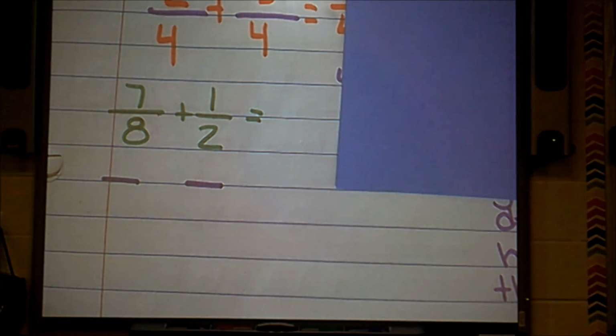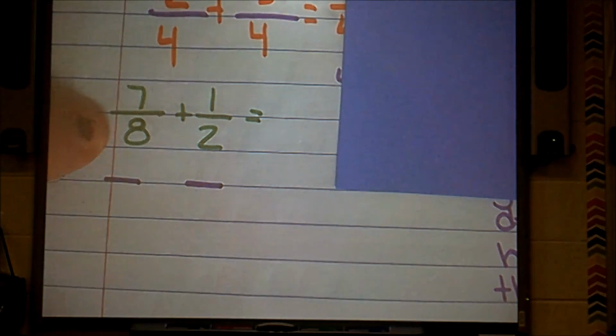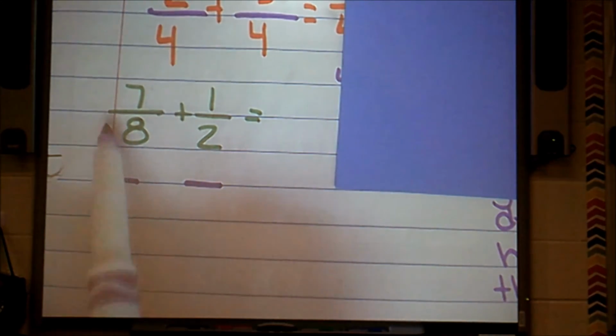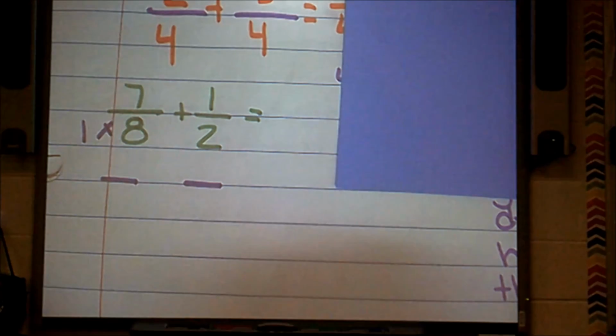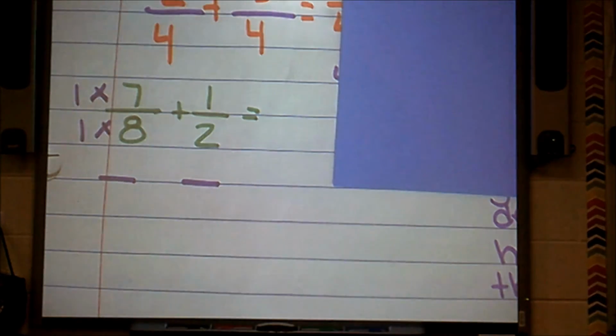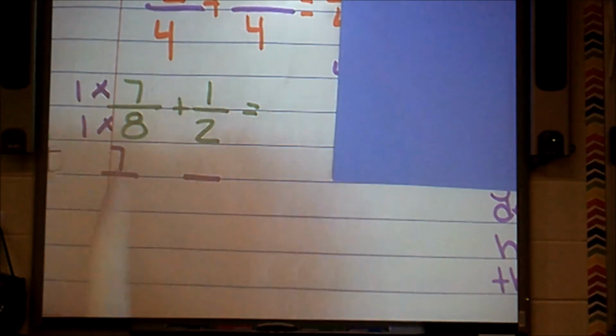So then I ask myself, 8 times what gives me 8? Well, 8 times 1 gives me 8. And what I do to my denominator, I have to do to my numerator. So 1 times 7 is 7.